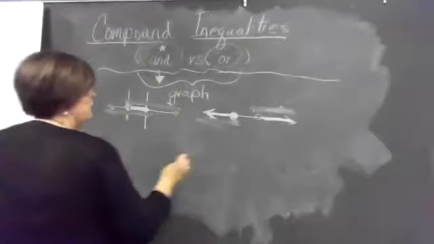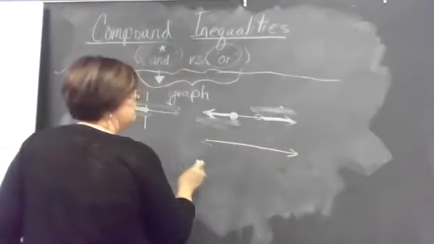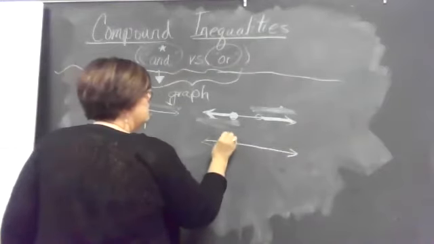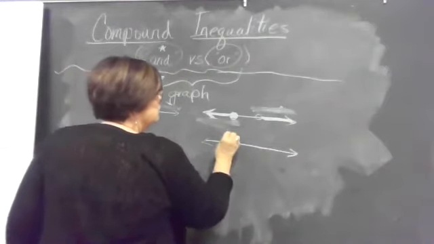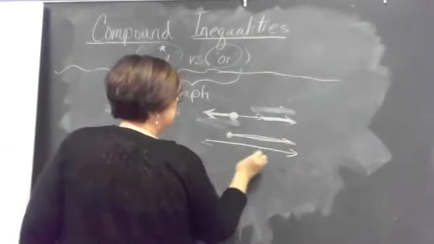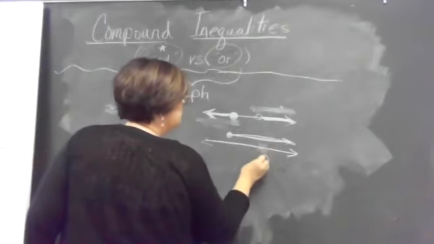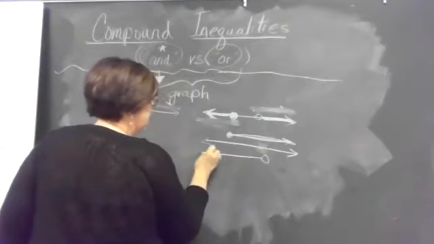Here's another example of the or that you will see. Let's say that here is when we graph the first one, and here is the second one that we graph.